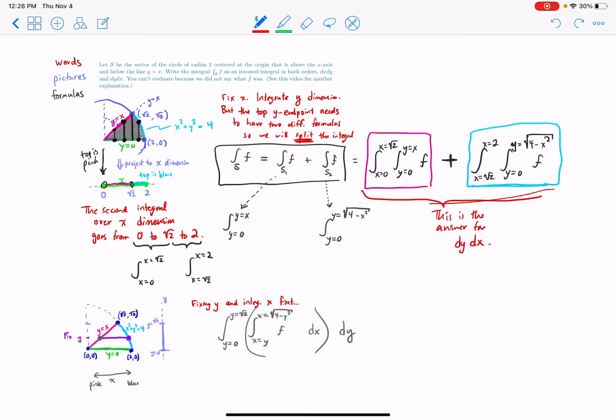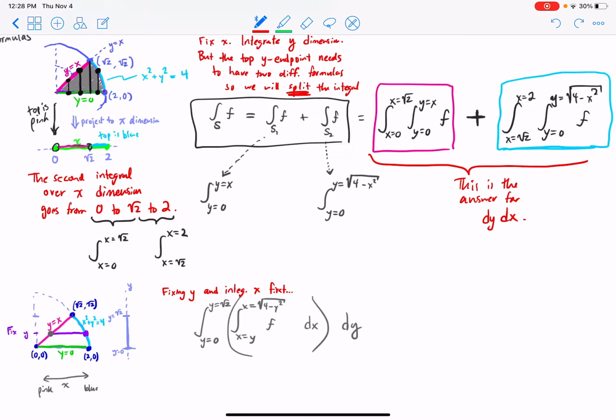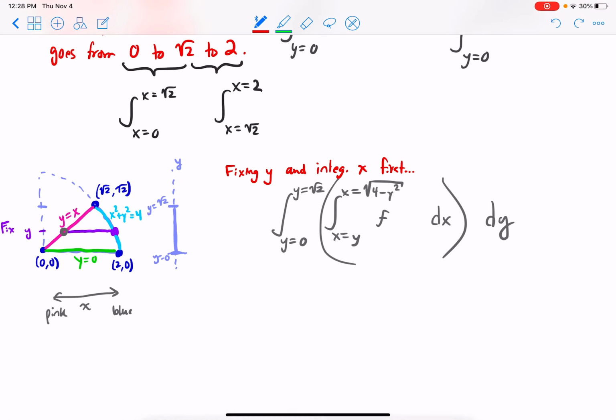Whereas here, if we wanted to first integrate the y, we had to split up the region into 2 pieces. So fixing y and integrating x first, then integrating over y second.